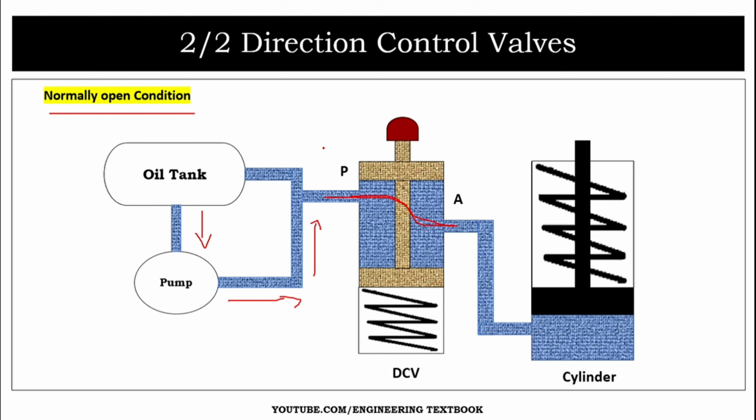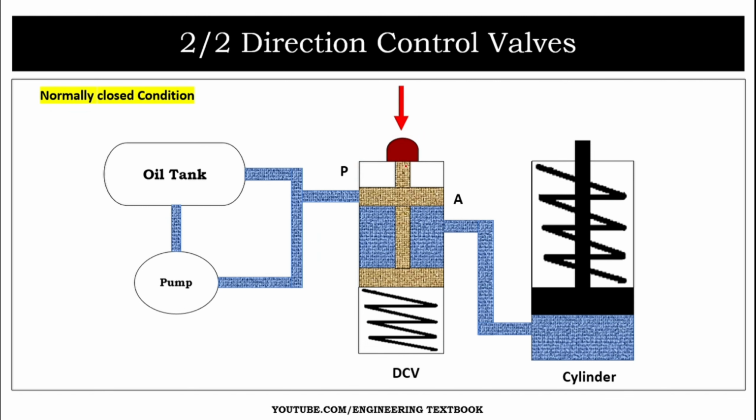Now if we apply force on the push button, the piston will go down and it will block port P. So now the oil flow has stopped here. So P is not connected to A. Oil from the oil tank flows through the pump.